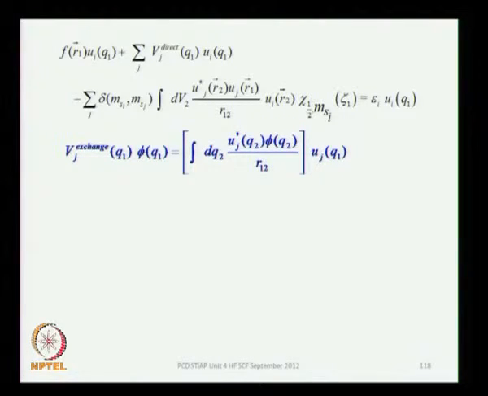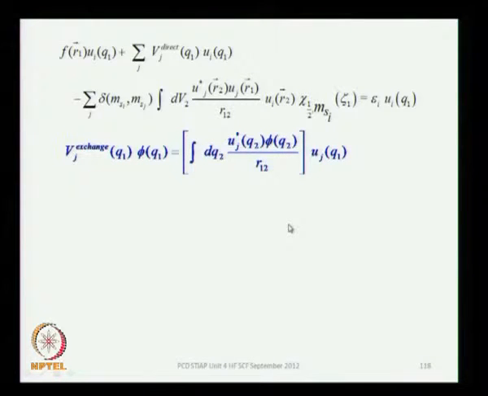There is a certain exchange which is involved, that what appears in the integrand is phi of q2, and then what gets multiplied or what gets operated upon is u_j of q1. Okay. So, the j index is the same everywhere, wherever you have the one electron spin orbitals, the j index is always the same. So, this is j, this is j, and this is j. This is an arbitrary function of q2.